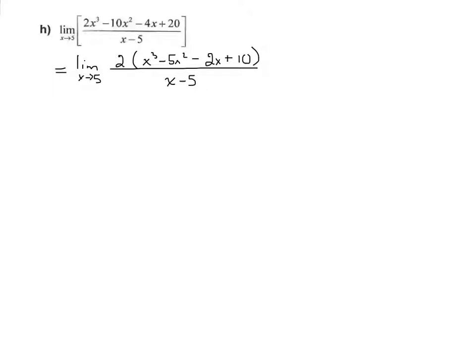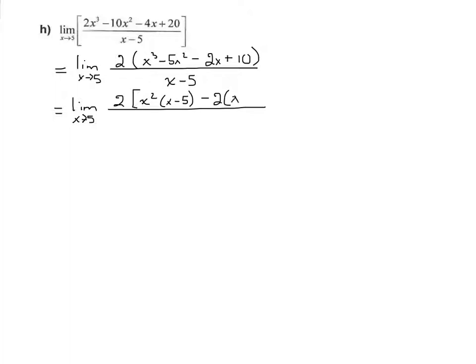And it almost looks like we have a factor by grouping possible here. So let's try that. So if we have 2, looking up top, we're going to take out an x squared. We're left with x minus 5, which is what I want, of course, because that's in my denominator, which I hopefully will get rid of. So minus 2.